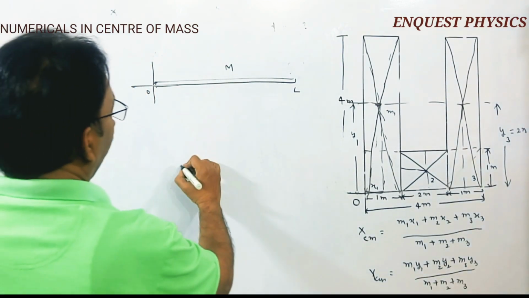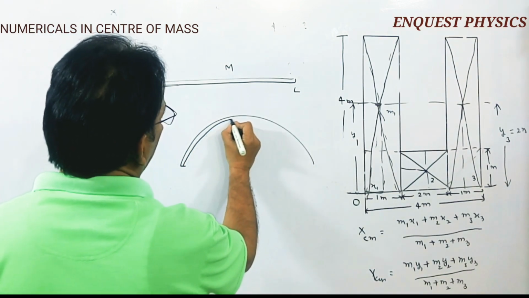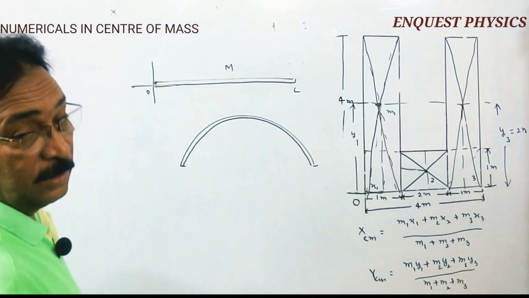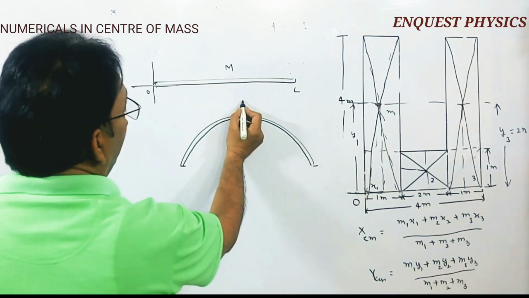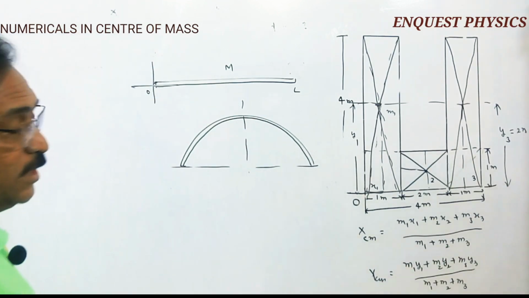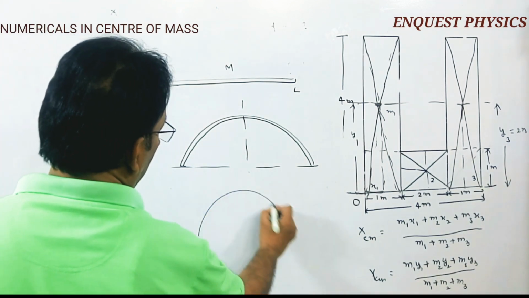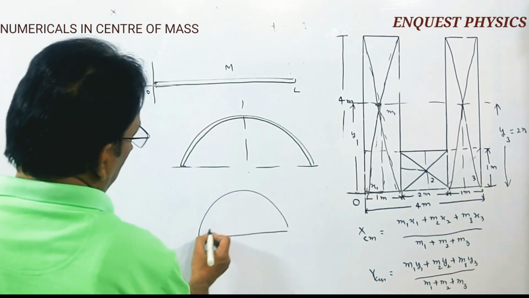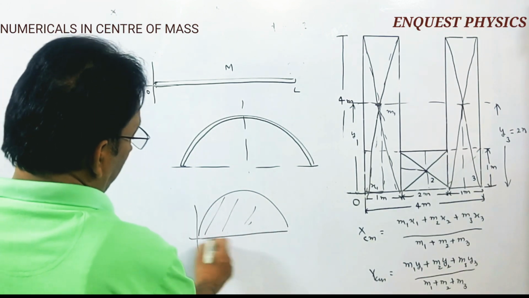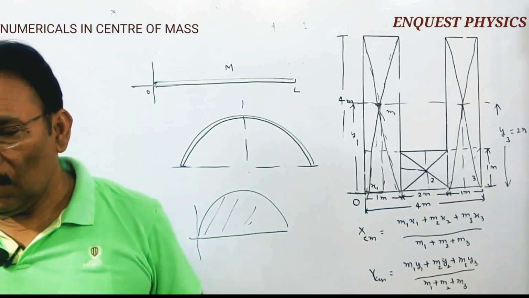In the same way, we will find the center of mass of a thin rod which is bent in the shape of a semicircle, and also we find the center of mass of thin plates. It is the plate. In the next part of the video we are going to learn about these kinds of structures, students.